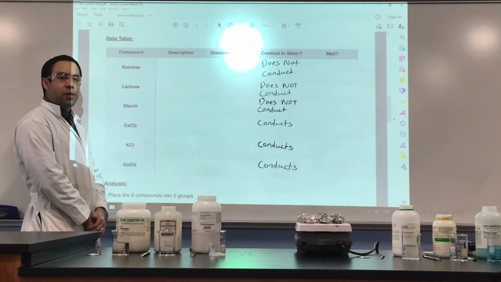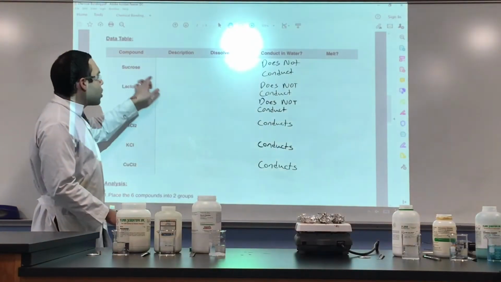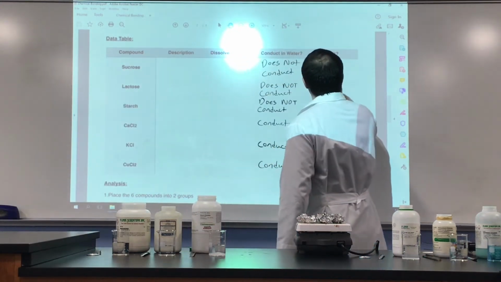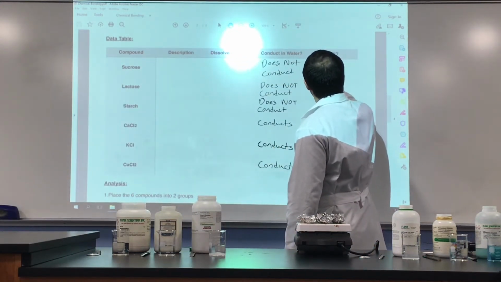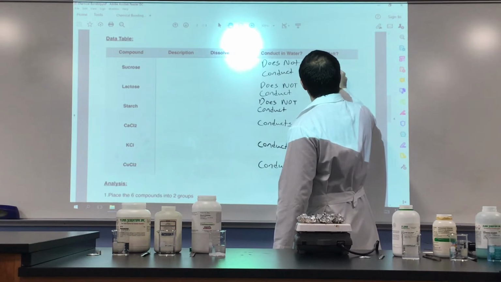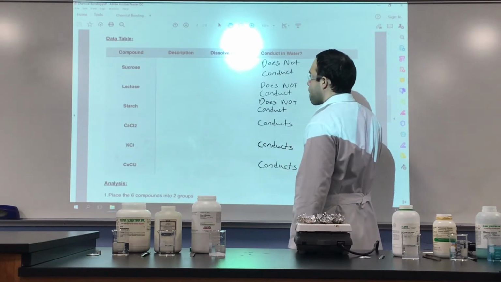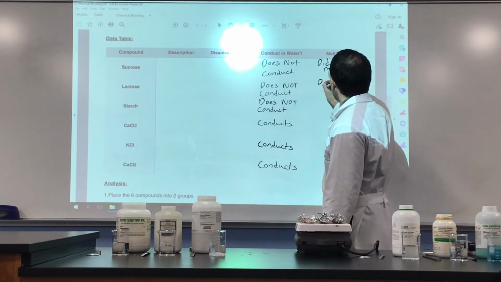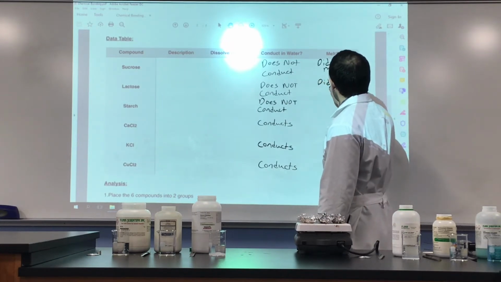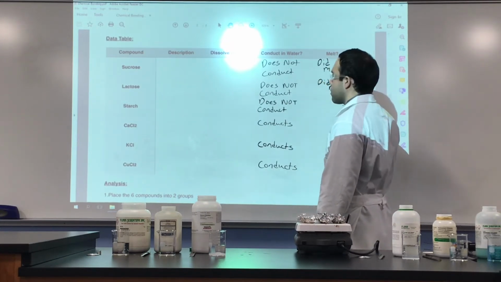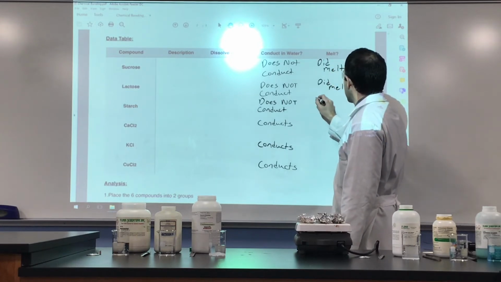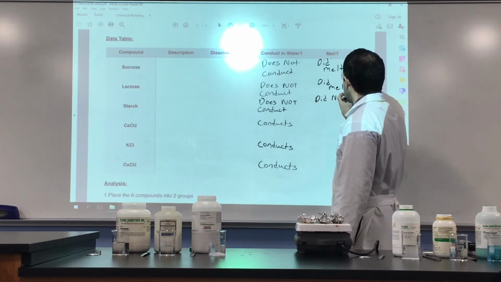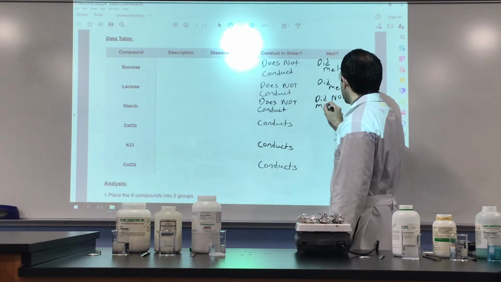Let's write our results from the melt test. Sucrose did in fact melt. So I'm going to write did melt. Lactose also melted. So I'm going to put did melt. Starch did not melt.